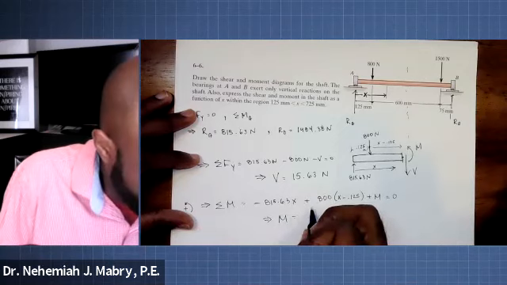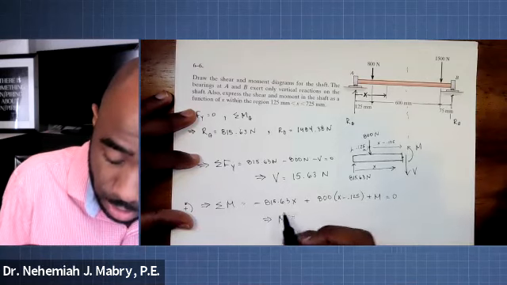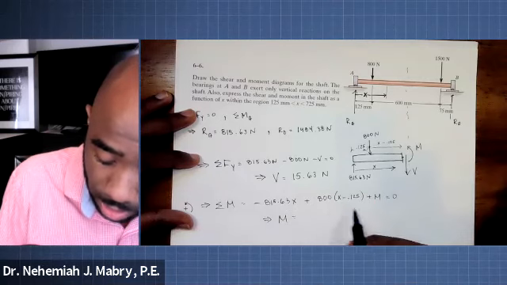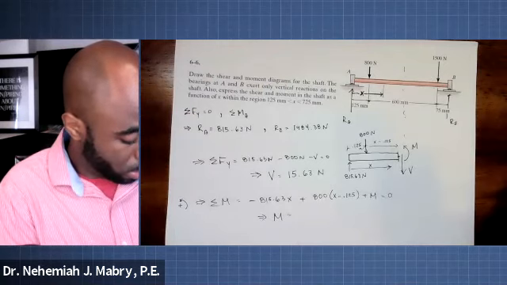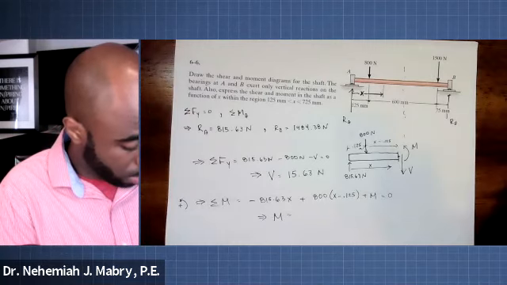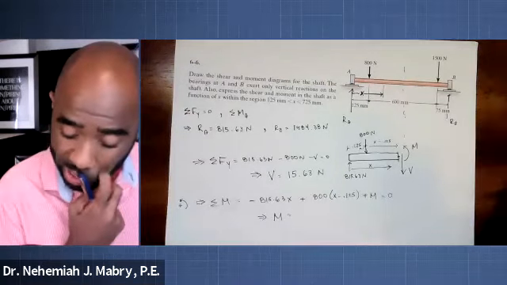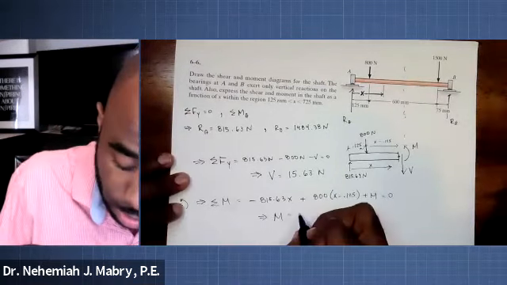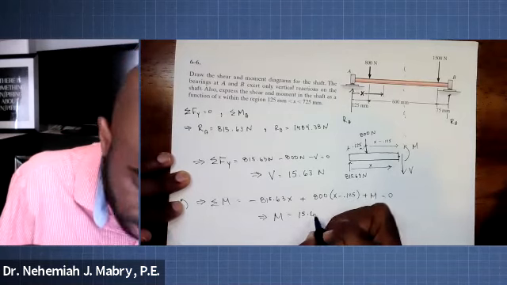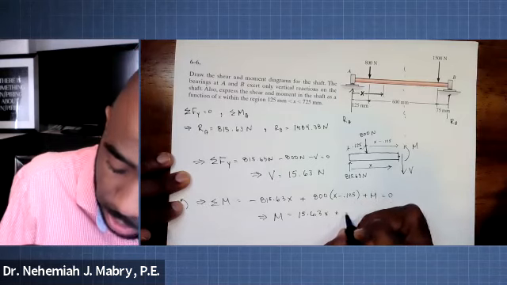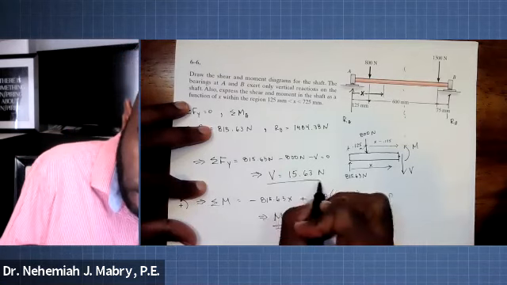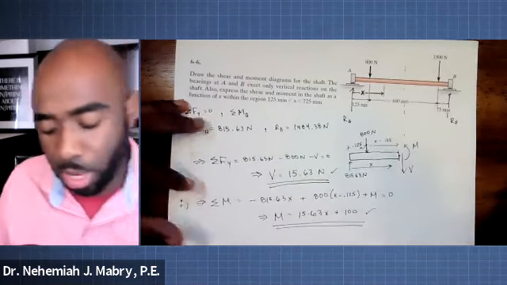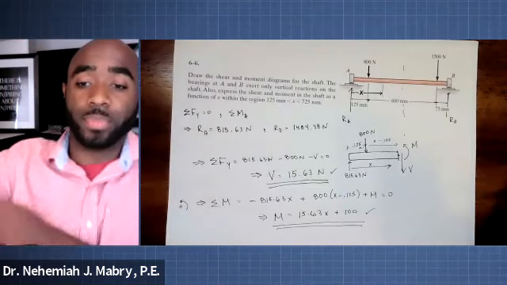So this is going to simplify as M equals 15.63x plus 100. So there we are, our moment as a function of x. And this, though it's constant, is still answering the problem as shear as a function of x. There we have it.